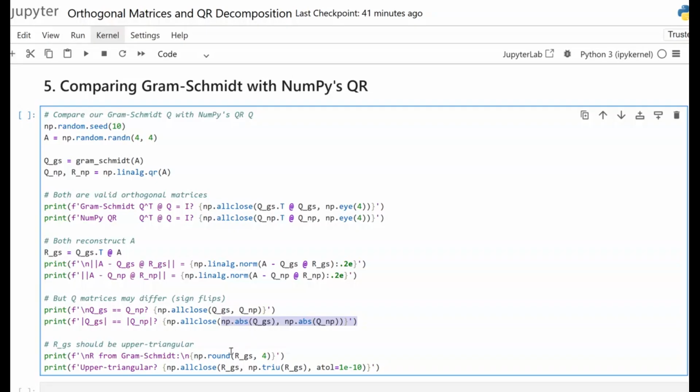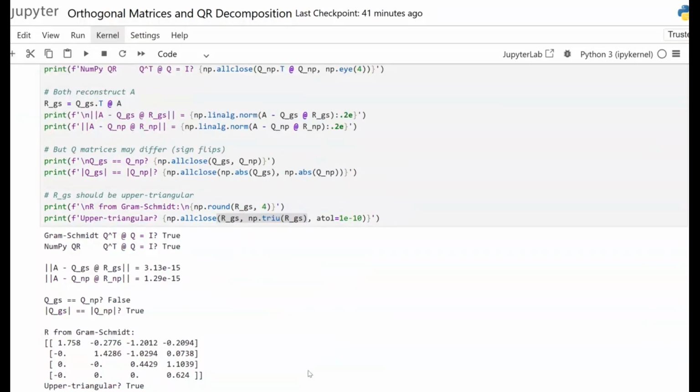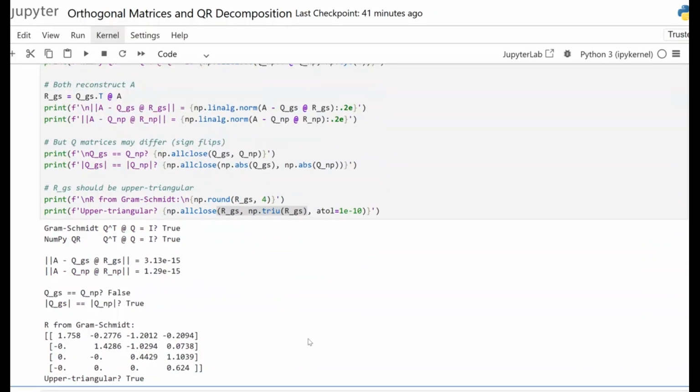So this indicates the same direction and possibly opposite orientation. And when we discuss the structure of R from Gram-Schmidt, we check with the allclose functionality, and it confirms that R is upper triangular. Let us execute that and combine. Kindly observe, dear friends.